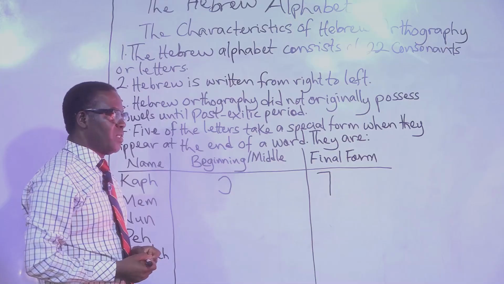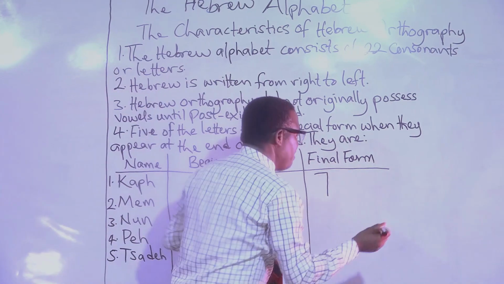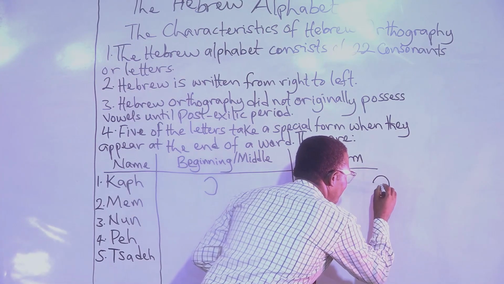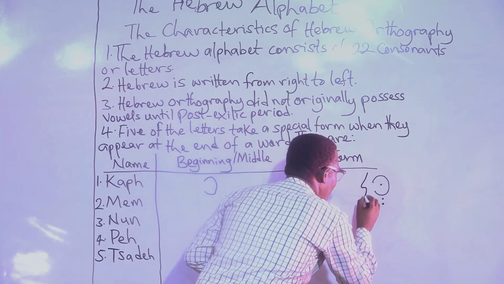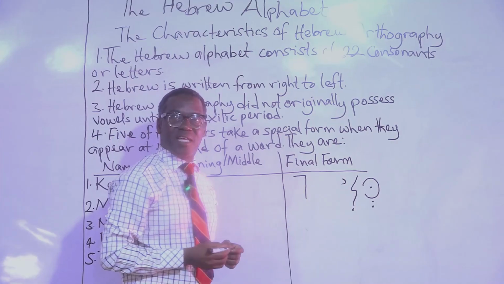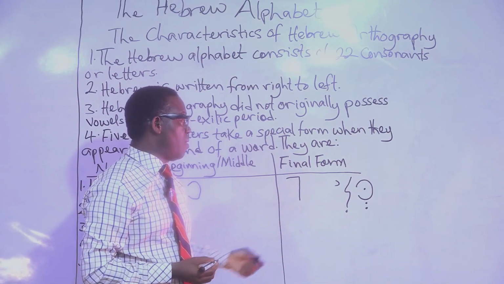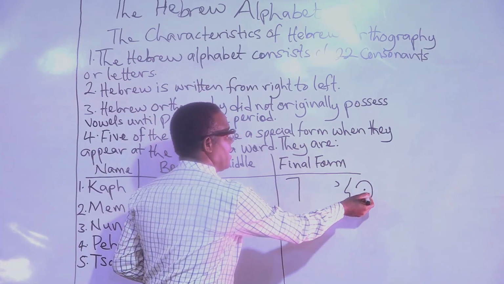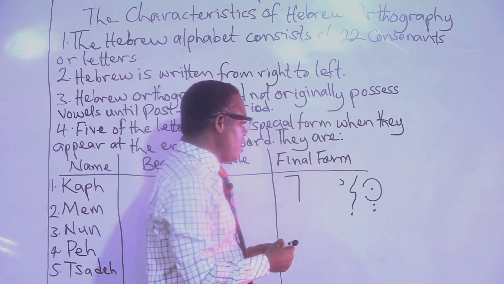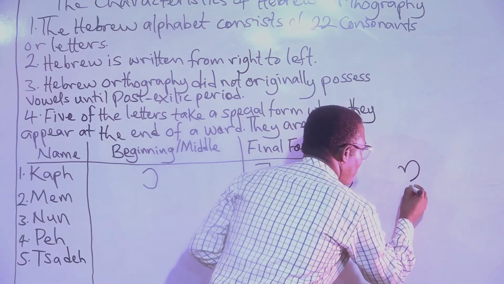For instance, let's look at two words to explain this. The first one is keli. Keli means vessel, utensils, or armor. Look at kaf at the beginning, taking the normal form. The second word is melek.